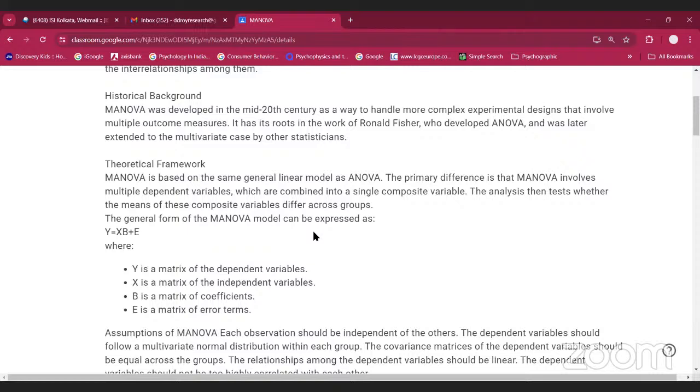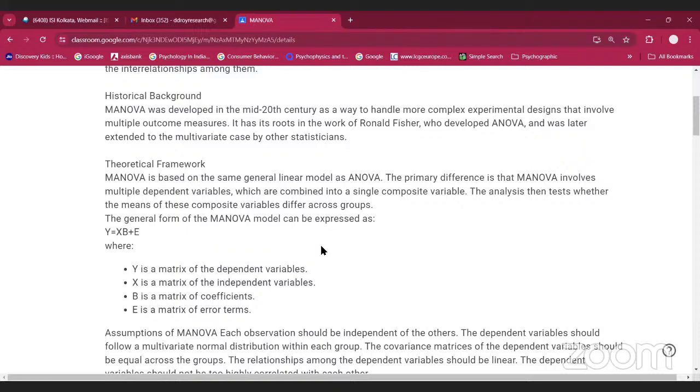Next. The general form of the MANOVA model can be expressed as Y = XB + E, where Y is a matrix of the dependent variables, X is a matrix of the independent variables, B is a matrix of coefficients, and E is the matrix of error terms.